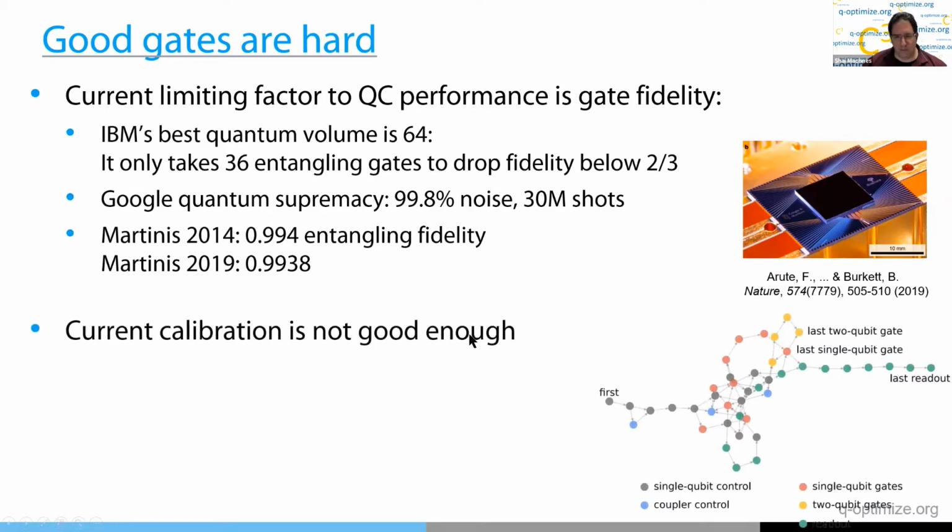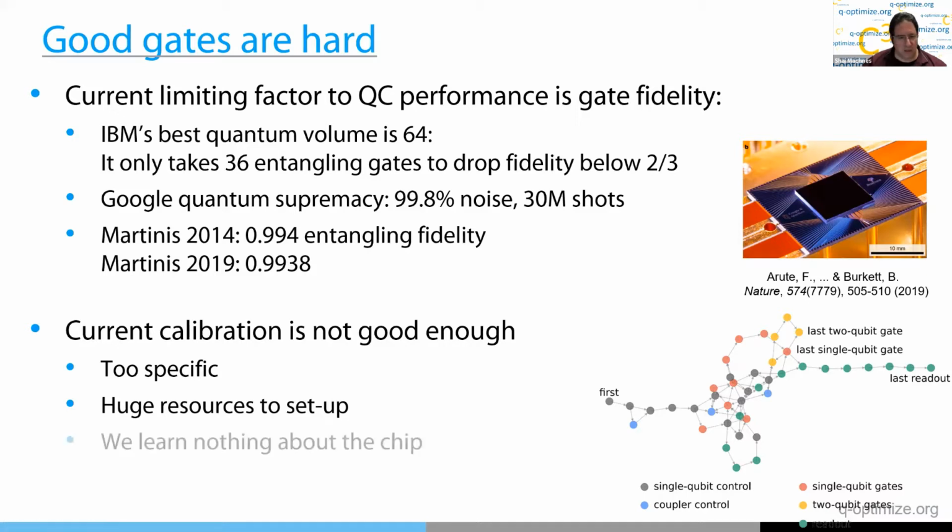And the way we do calibration is really not good enough. This is the calibration graph from Google. It's very specific, very tailored to the individual system. It requires huge resources to set up. And at the end of this whole process, you don't really understand things a lot better.